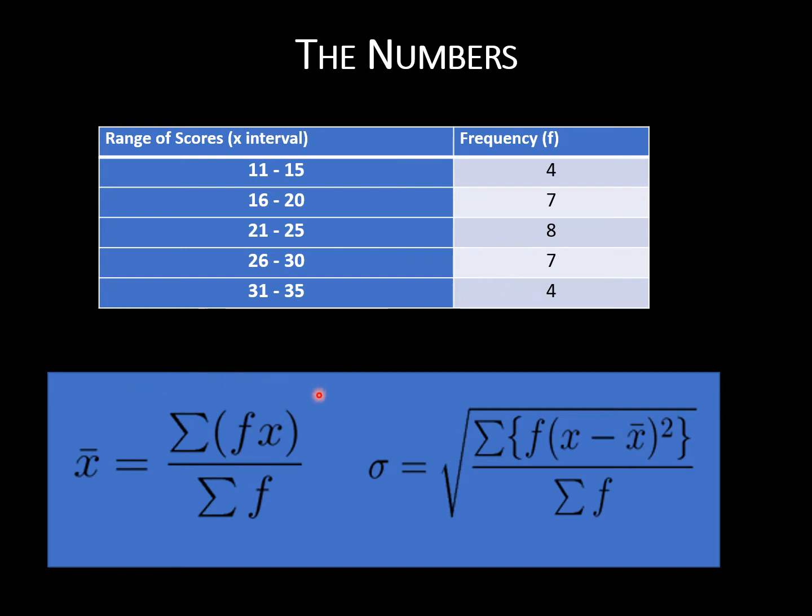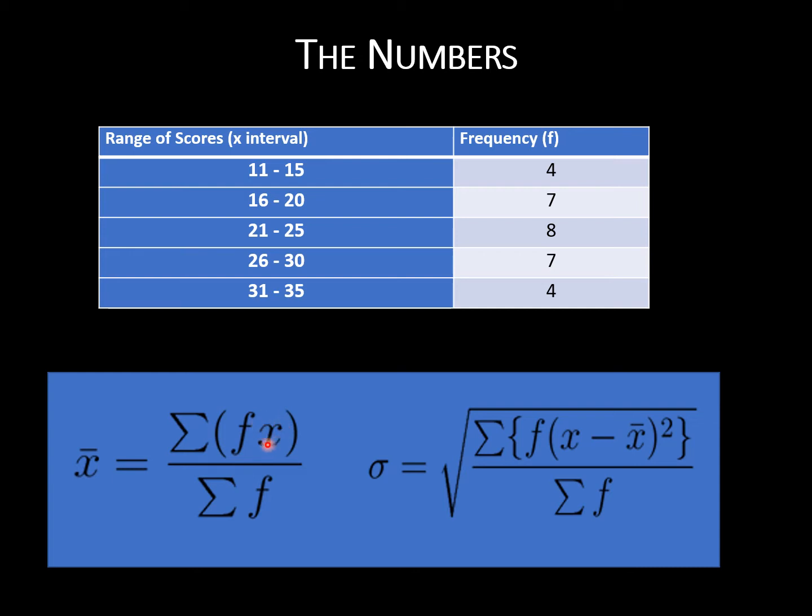Now we've 2 formulas here that were often given. This is the x bar, or the mean, and is equal to sigma, the sum of the frequency multiplied by the value of the x, and you divide that by the sum of the frequencies, which in this case is going to be 30.